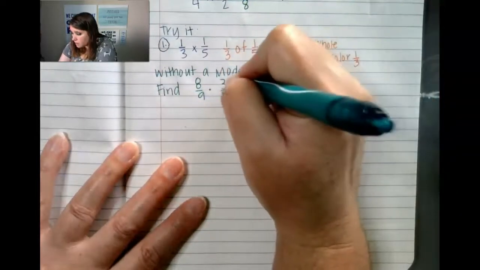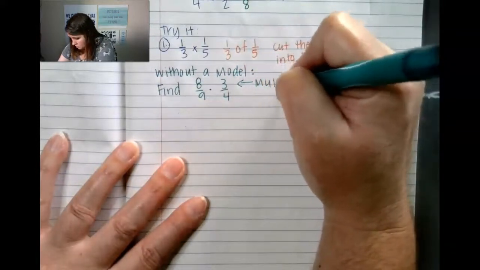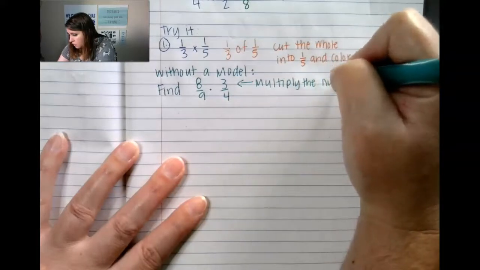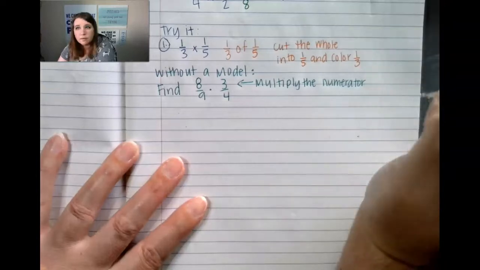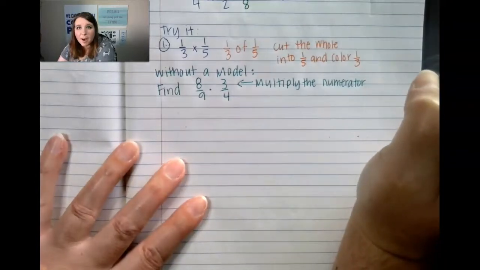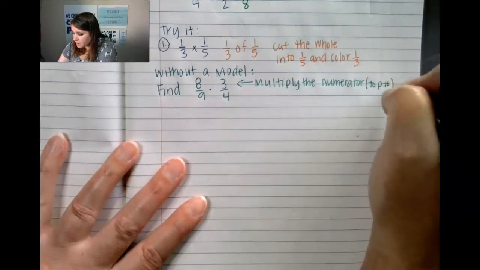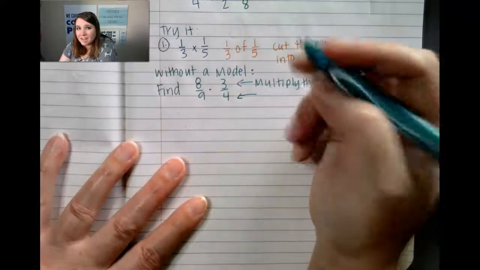I would multiply the numerator. And what's the numerator? Yep, it's the number on top. So we'll just put that there. Top number. Good. Okay, and then I would multiply the denominator.